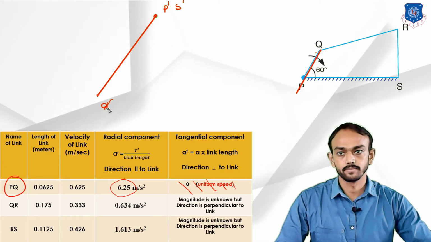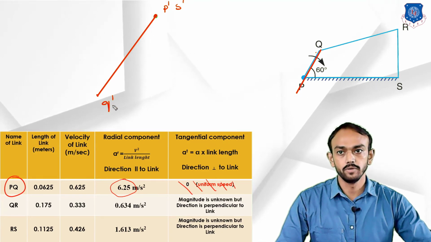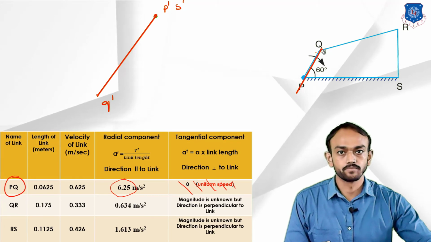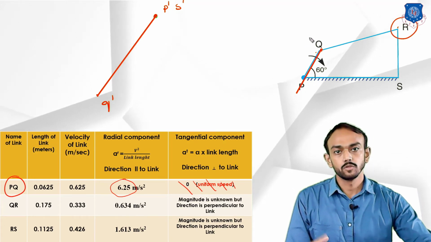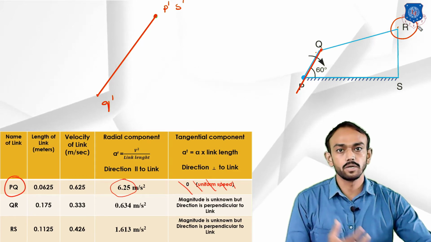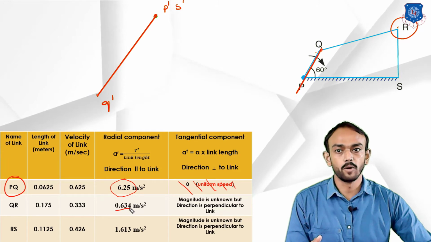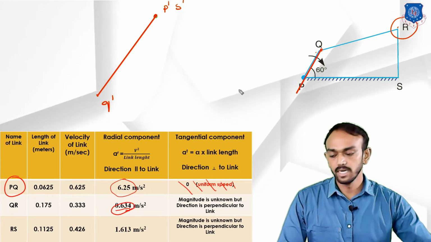This will be Q dash. Now with respect to Q, let's take R. So acceleration of R with respect to Q, we know the radial component 0.634. So what will be the direction?